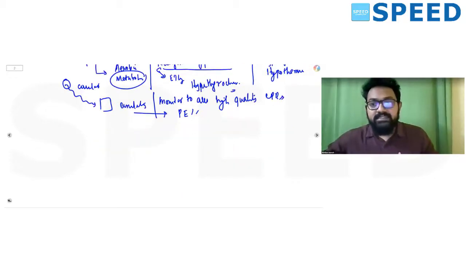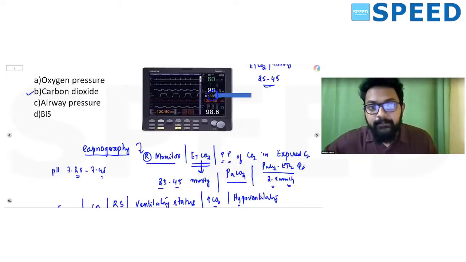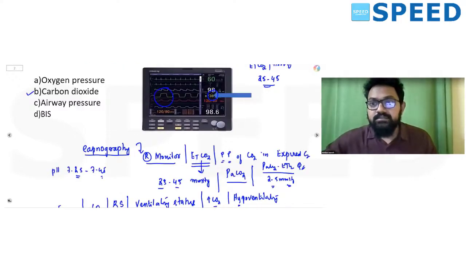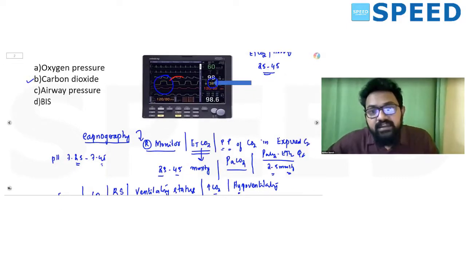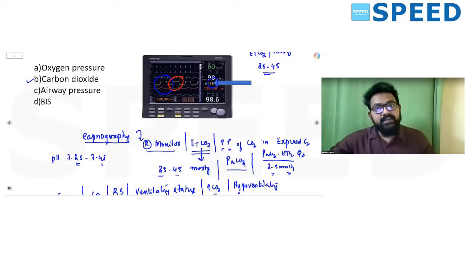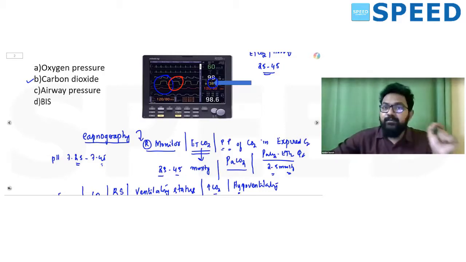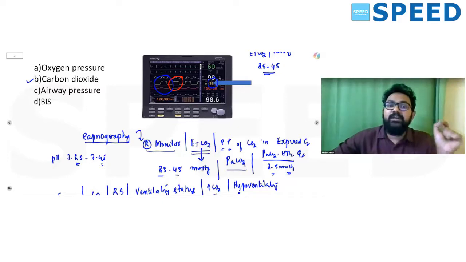Let me just take you back to that question here. You are seeing this particular graph here. Let me use a different color. If you can see this particular graph, or this morphology that you're seeing here, it is a normal capnography graph or end-tidal carbon dioxide graph.